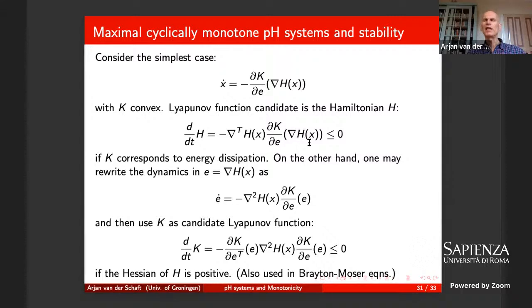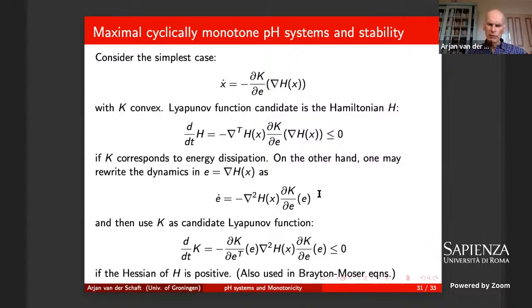And indeed, if its derivative is less than or equal to 0, as we have in ordinary energy dissipation, then we have the inequality. But the problem sometimes is that the minima of H do not correspond to the equilibrium that you would like to investigate.